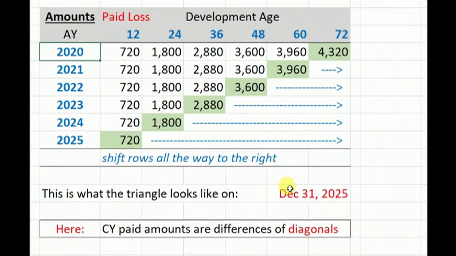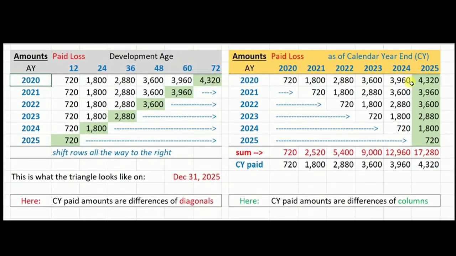Okay, now this is the way actuaries normally format triangles. But what we're going to do is shift every row all the way over to the right. So this column is going to have all the green values. So like that. So we've shifted everything over to the right.